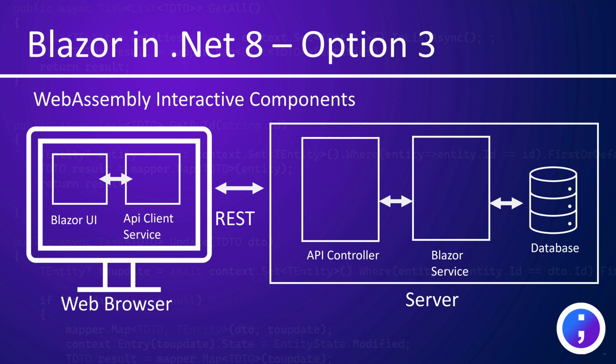The last option you have is WebAssembly. So this is similar to the Blazor WebAssembly projects of the past, where WebAssembly is compiled and runs on the client browser. So all the interactivity and user interface updates are done on the client. And then you would create an API client on your web browser in WebAssembly that would connect back to a controller on the server to do updates of data.